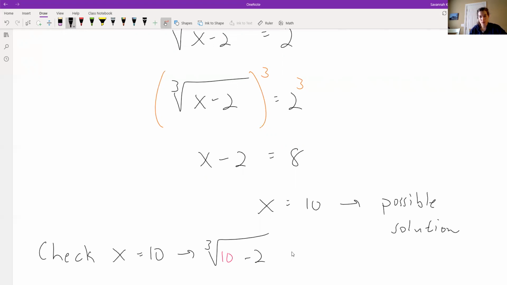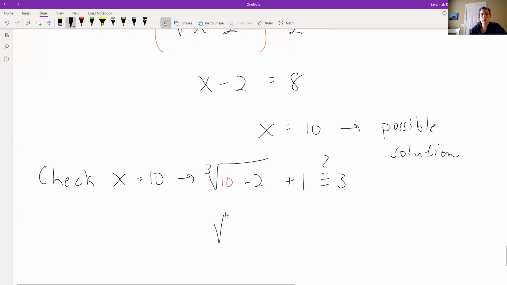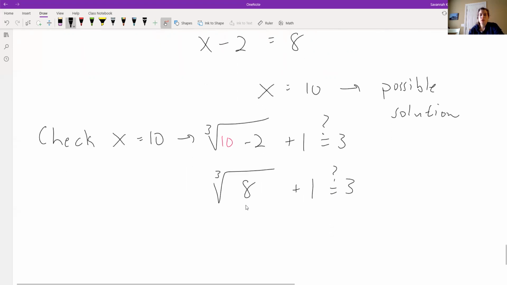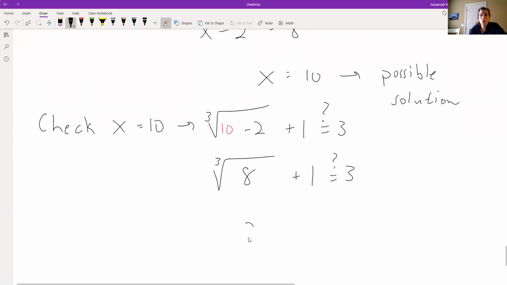And I'm curious, if I plug it into the problem right off the pages of the textbook, will I indeed recapture my 3? Okay, so this is the cube root of 8 now, plus 1. Is that equal to 3? I hope so. Cube root of 8 is 2, plus 1. Okay, 3 equals 3. Yeah, we're good to go there.